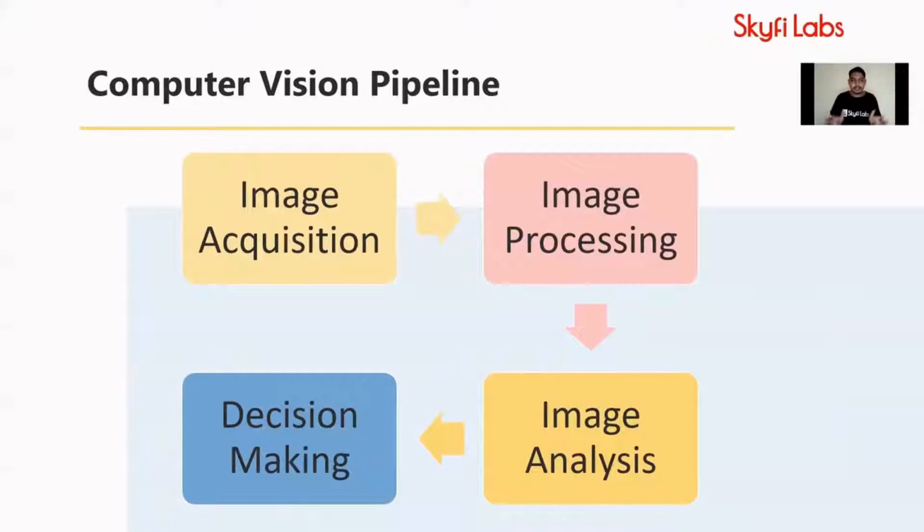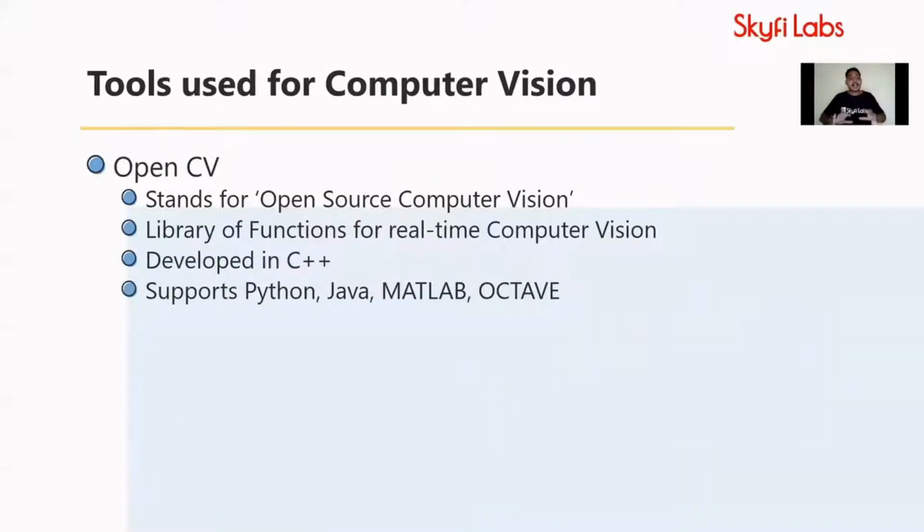We will be learning the whole process in a very practical way once we are doing the color-based object detection using OpenCV. But let's take a look at how we are going to do it. We are going to use some tools. OpenCV stands for Open Source Computer Vision. Open source means it is freely available.